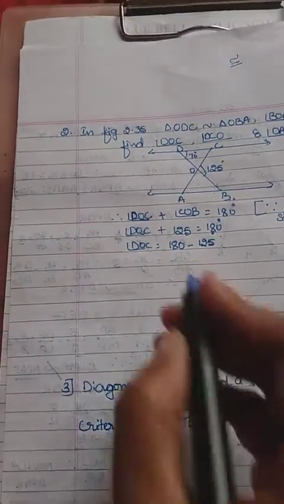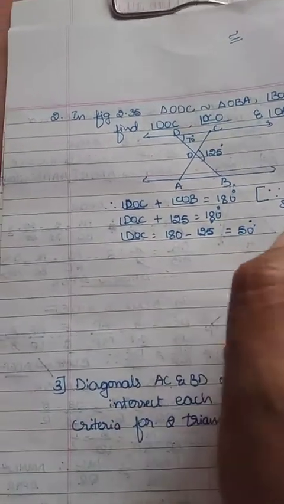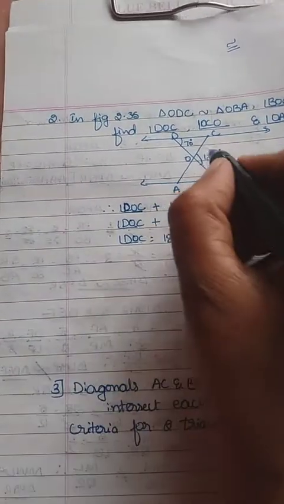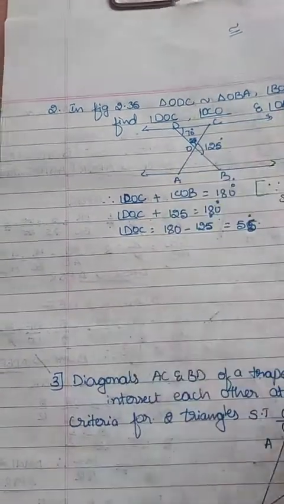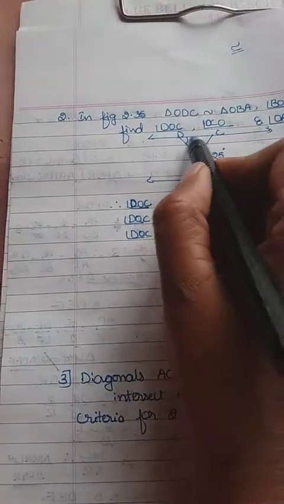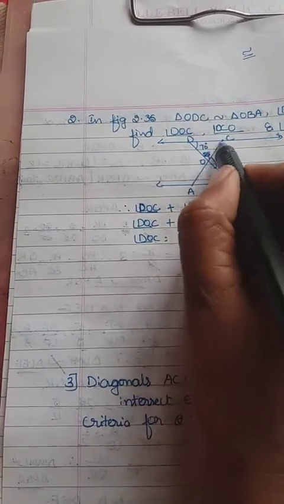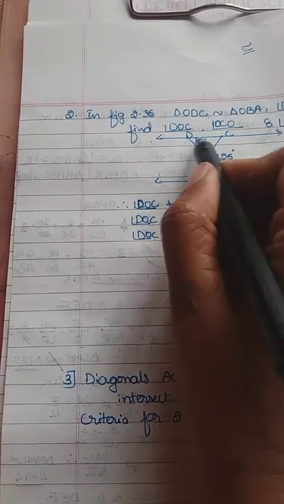180 minus 125 is 55. So angle DOC we will get is 55. Here I am writing 55. Now DCO is easy to find, because DCO is a triangle. In triangle DCO, the sum of all the angles is equal to 180 degree.